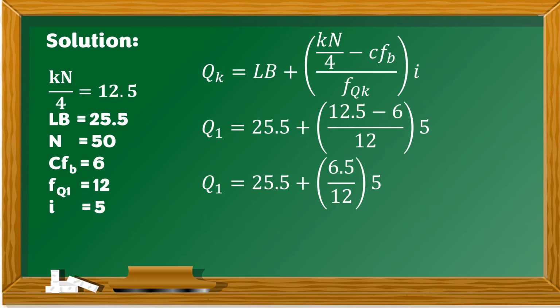Next, we simplify. 12.5 minus 6 is equal to 6.5. Then 6.5 divided by 12 times 5 is equal to 2.71. So 25.5 plus 2.71 is equal to 28.21. So Q sub 1, or the lower quartile, is 28.21.